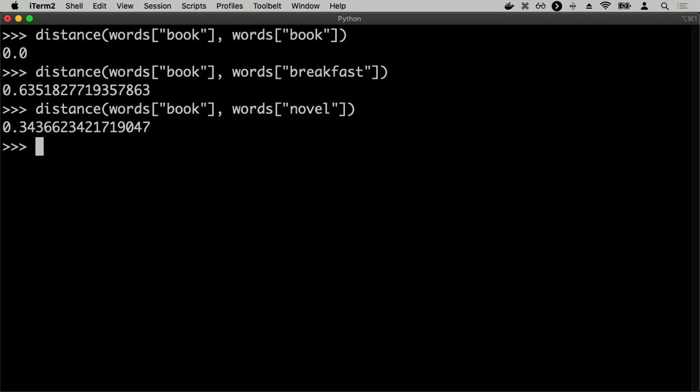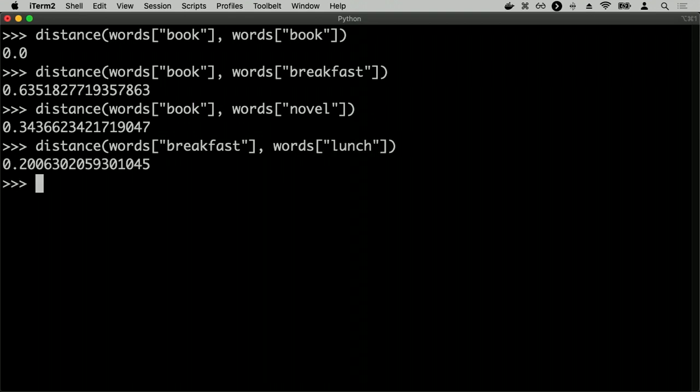Now those two words are closer to each other, 0.34. The vector representation of the word book is closer to the vector representation of the word novel than it is to the vector representation of the word breakfast. And I can do the same thing and compare breakfast to lunch, for example.